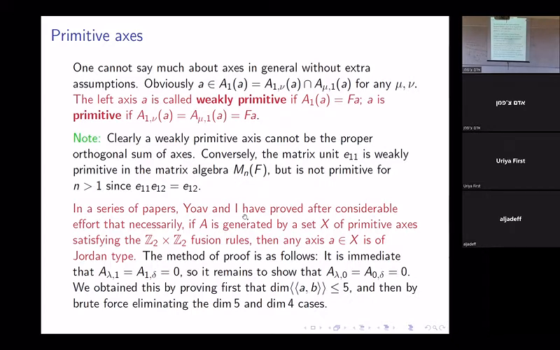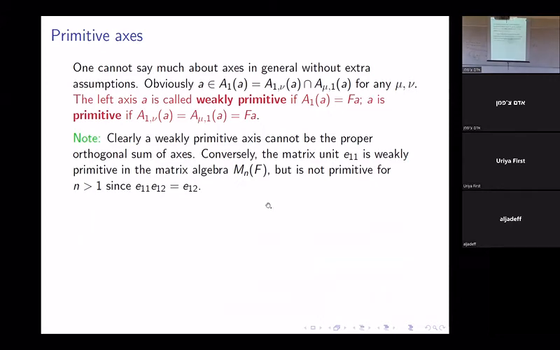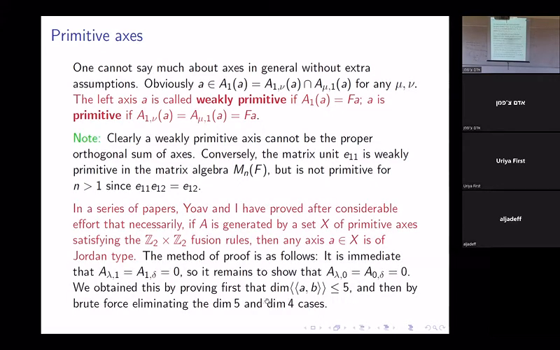You see, at the outset, it's less than or equal to 7. And then we got down to 5, and then we saw that the 5 case and the 4 case don't exist. So we're down to 3.